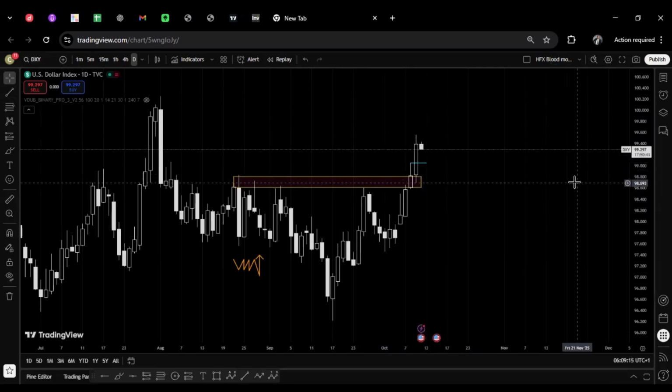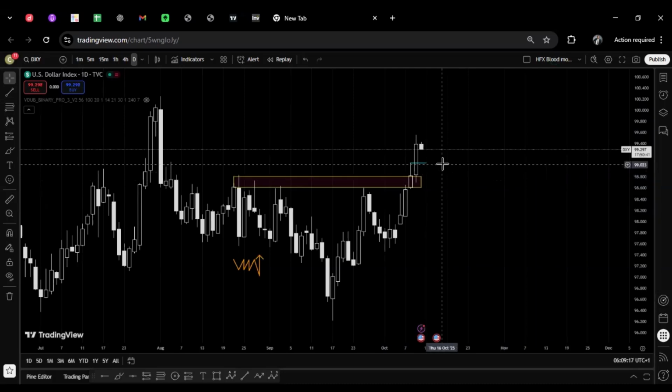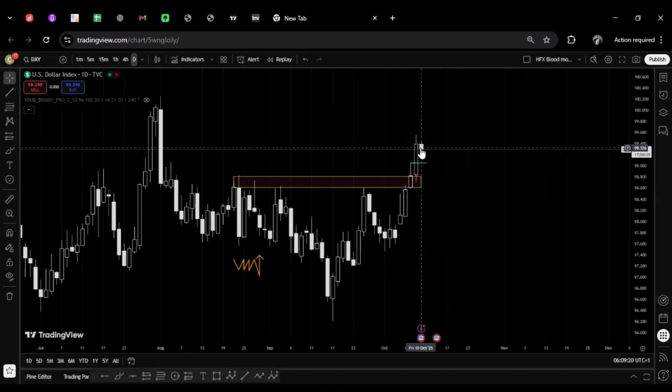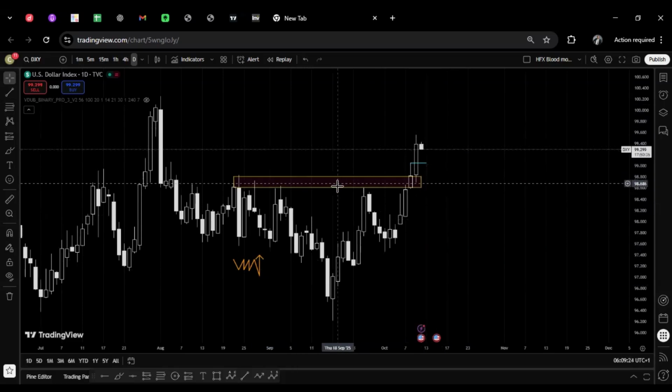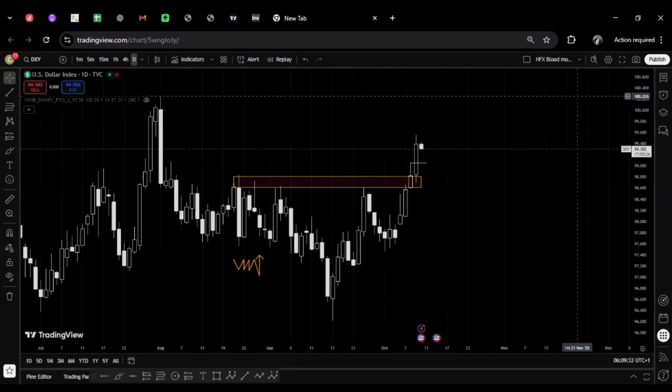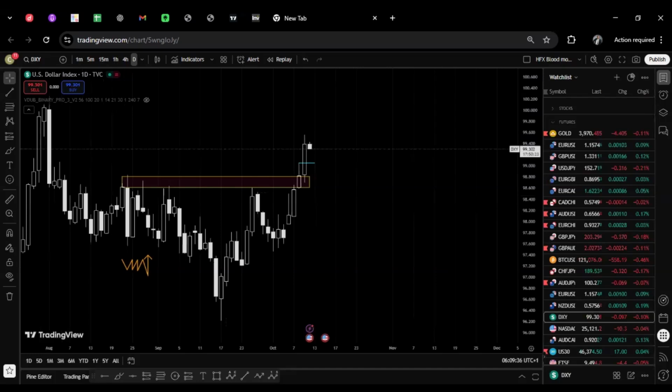That's all I'm looking at for the dollar index. So if I'm expecting a short-term bearish momentum on the dollar index, that means I should be looking out for bullish momentum on other pairs I have. So let's go back to AUD USD.